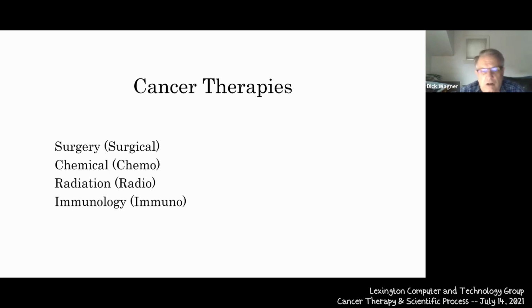The next area of therapy was using radiation, or what's called radiotherapy. When X-rays were discovered in the late 1800s, it was early on found that X-rays could cause the skin to burn. So X-rays were one of the first modes of therapy to try to kill cancer.